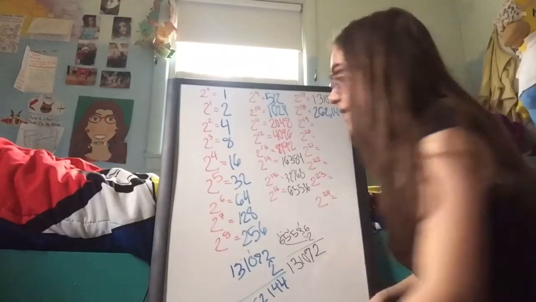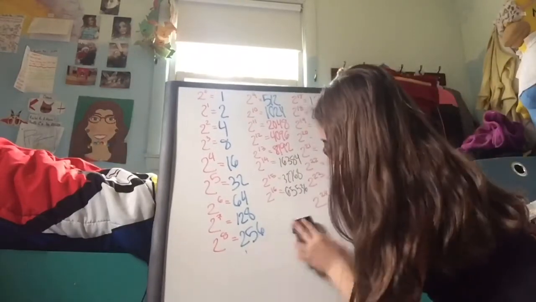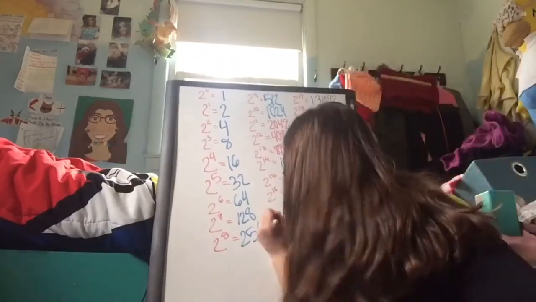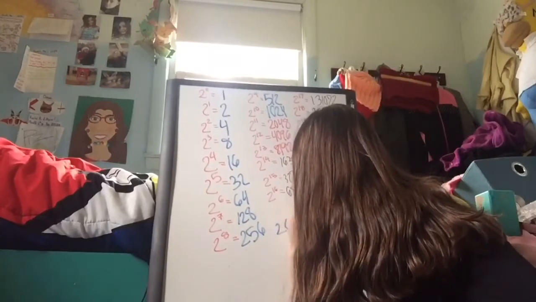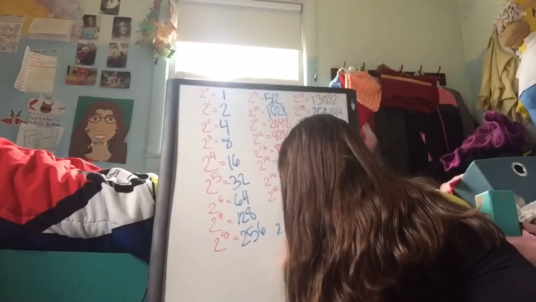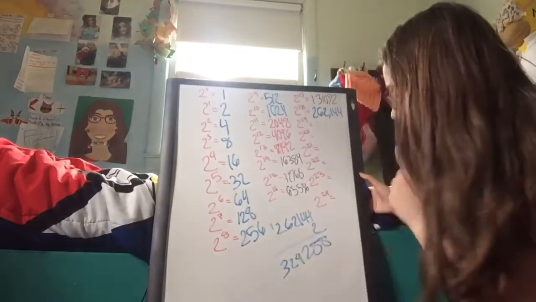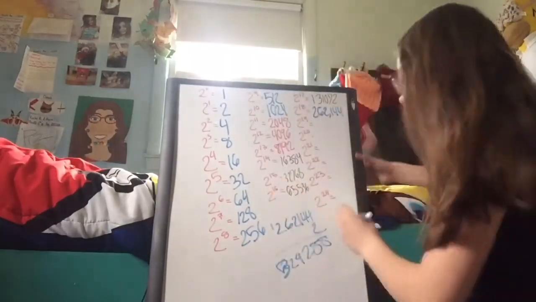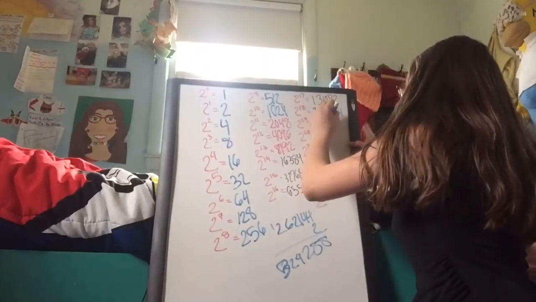We're almost done. Over halfway there. 262,144 times 2 is 524,288.